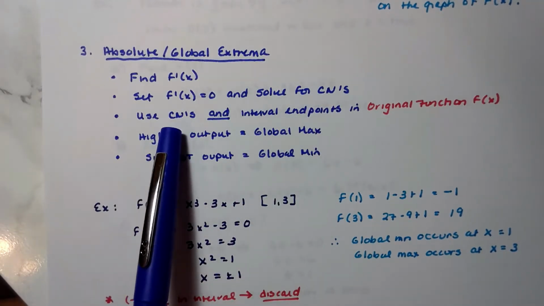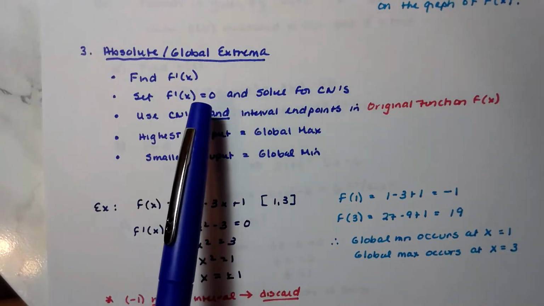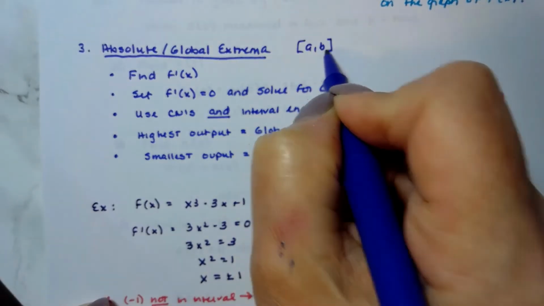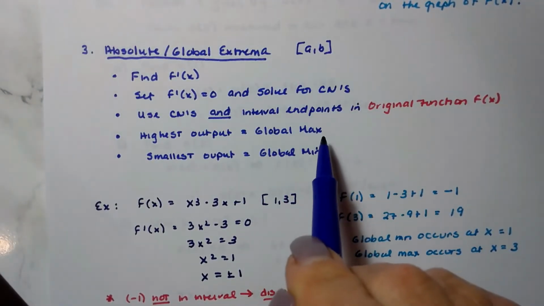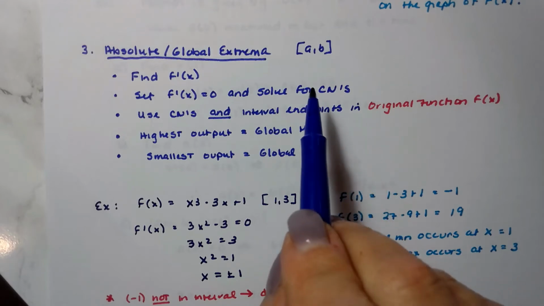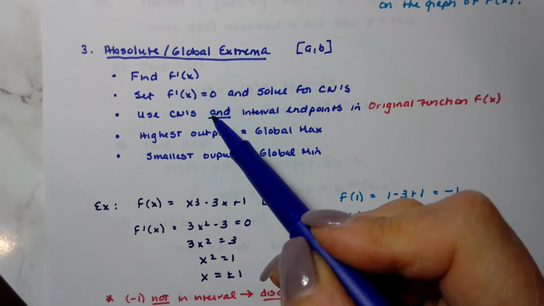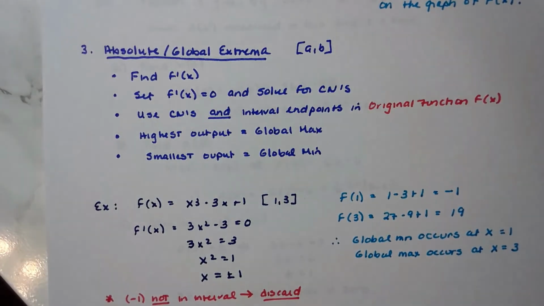We're going to use those critical numbers and the interval endpoints. So remember, with absolute or global extrema, they're going to give you endpoints from A to B. And if any of these critical numbers fall outside of that interval, then you discard them. But the idea is we're going to take whatever critical numbers we can use along with these endpoints and plug them back in.